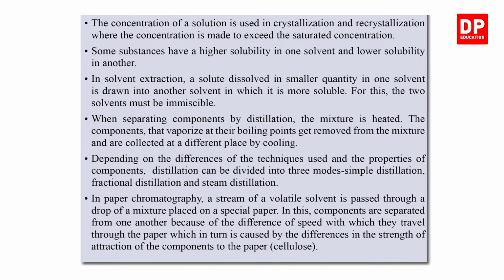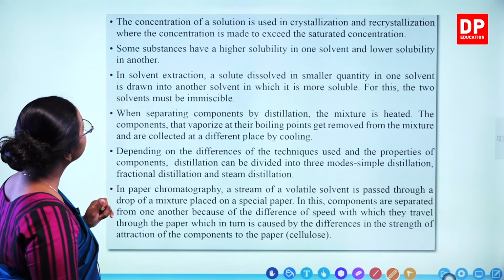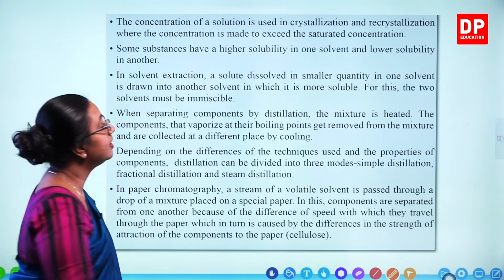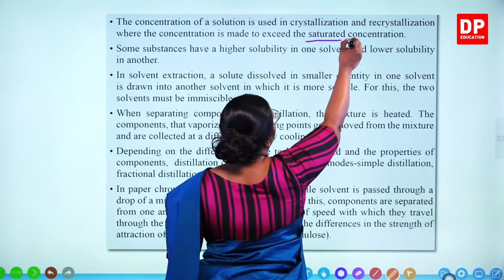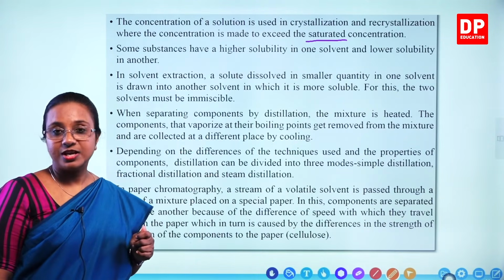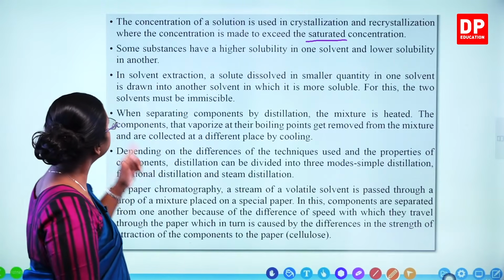I will move on to the next part. The concentration of a solution is used in crystallization and recrystallization, where the concentration is made to exceed the saturated concentration. You all have seen or understood what saturated solutions are.